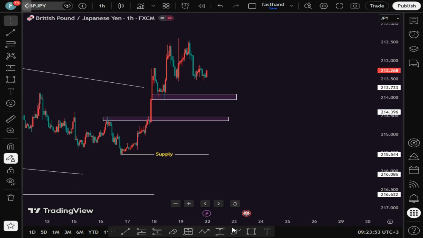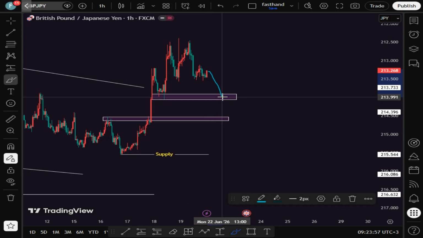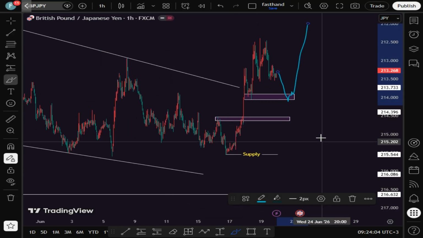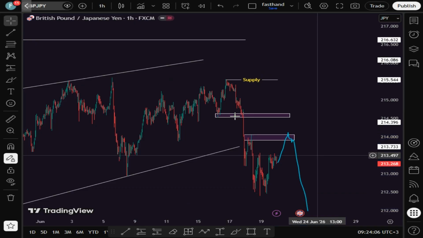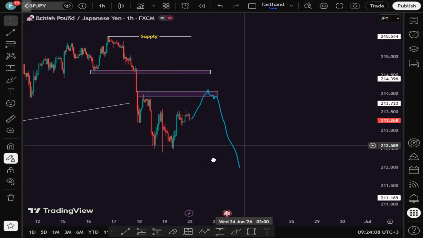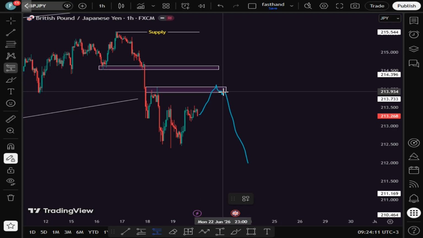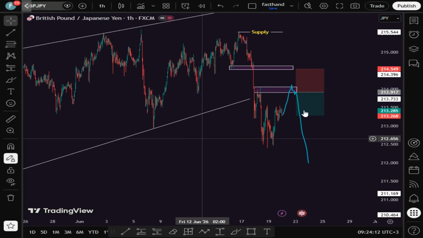So what am I talking about? We want to see GBPJPY continue to go up. I'll flip my screen. Now look for a reaction right there. If it gives us an entry opportunity, then boom, we go in for our selling opportunity, right? Let's say it gives me an entry opportunity right there.